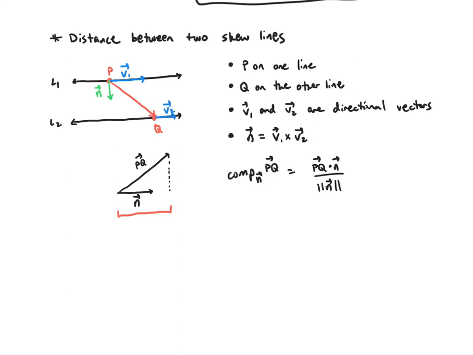The reason I wanted to show you a third formula, and make it a little different, is that based on the two lines, n is something we would develop. So I want to show you this formula in terms of the two directional vectors. We're going to take PQ and dot it with the cross product of these two vectors, and then divide by the magnitude of that cross product.